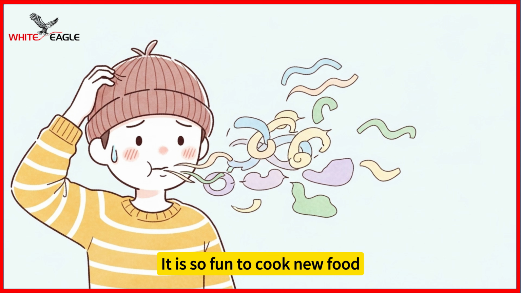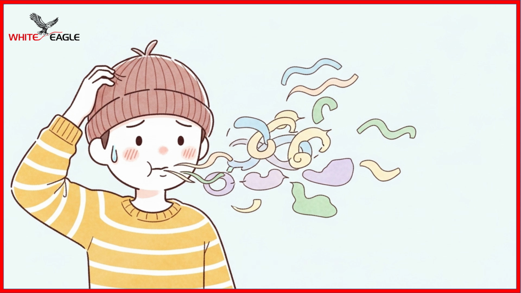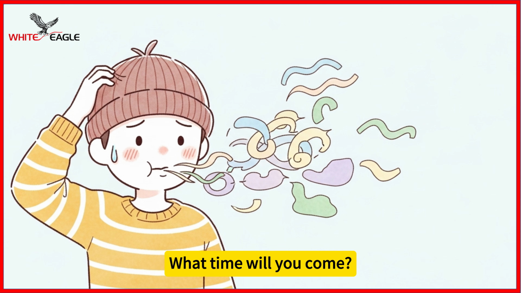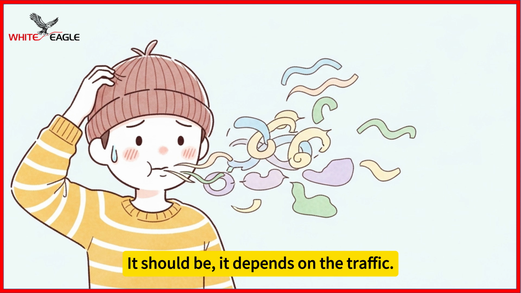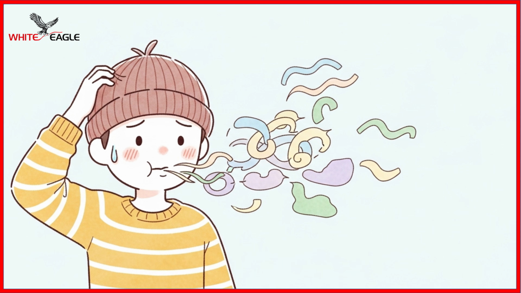It is so fun to cook new food together. Correct. 3. What time will you come? It depends of the traffic. Wrong. It should be it depends on the traffic.